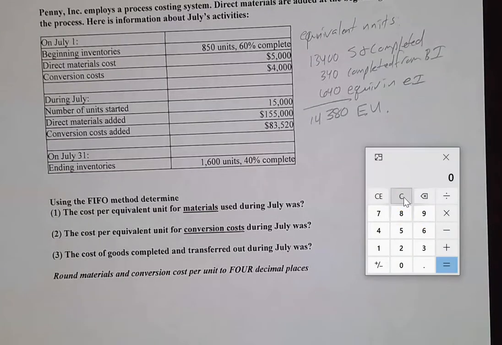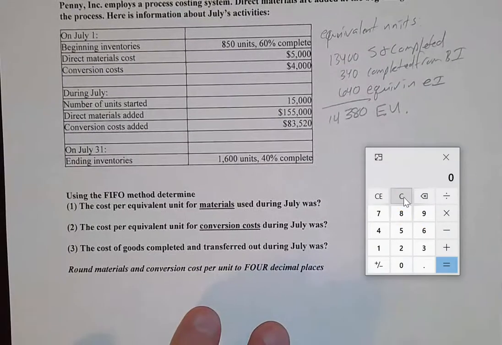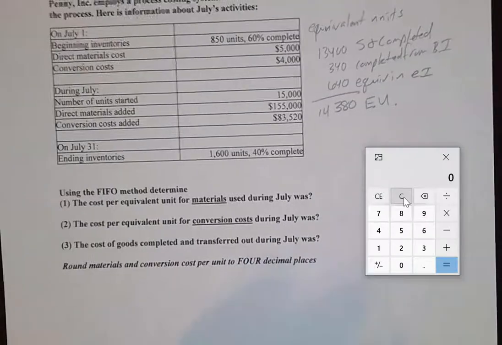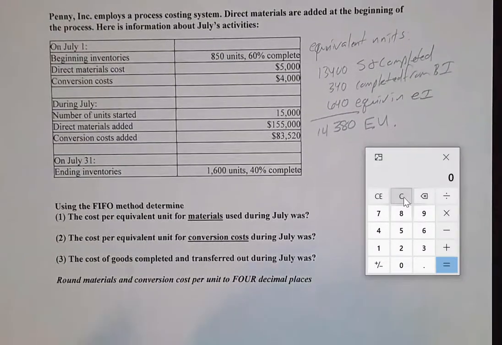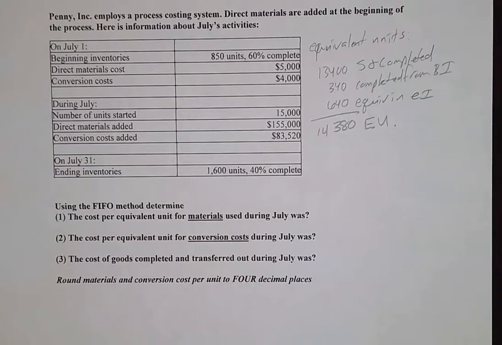Now, again, we've already done that, but there could be somebody looking at this video that needs this information but didn't watch the other video, so it's okay that we did that again. That's fine. All right. So let's see here. They want to know the cost per equivalent unit of materials for July. Now, before we do that, I want to remind you, they say round materials and conversion costs per unit to 4 decimal places.